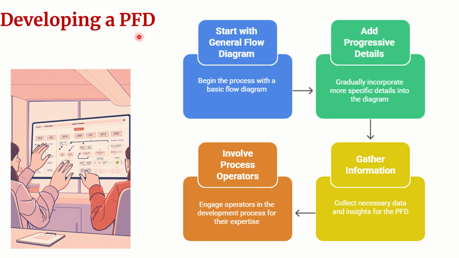That is developing the process flow diagram. Start with the general flow diagram with some basic inputs, then add progressively some details into it. For that you can involve the process operators and gather the information, so that you can develop the process flow diagram.